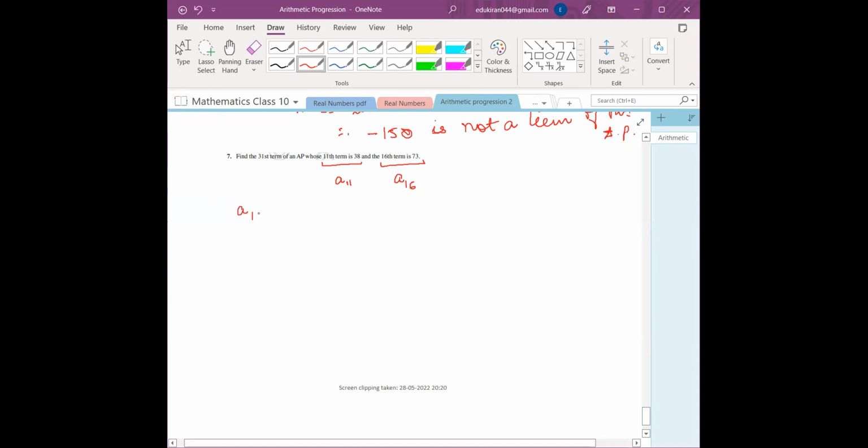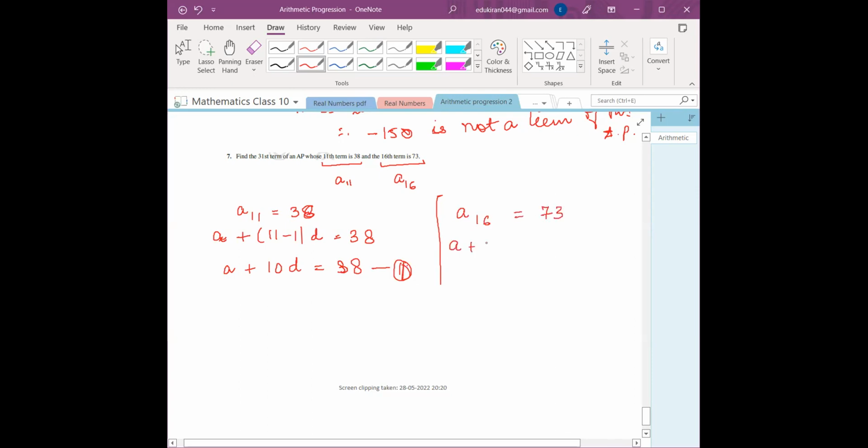Now A11 is how much? 38. Okay. Now A11 is actually A plus 11 minus 1 into D, which is, sorry, 38, not 36. 38. Okay. So A plus 10D is equal to 38. Correct? Your equation number 1. Now, similarly, A16 is given. So A16 is 73.